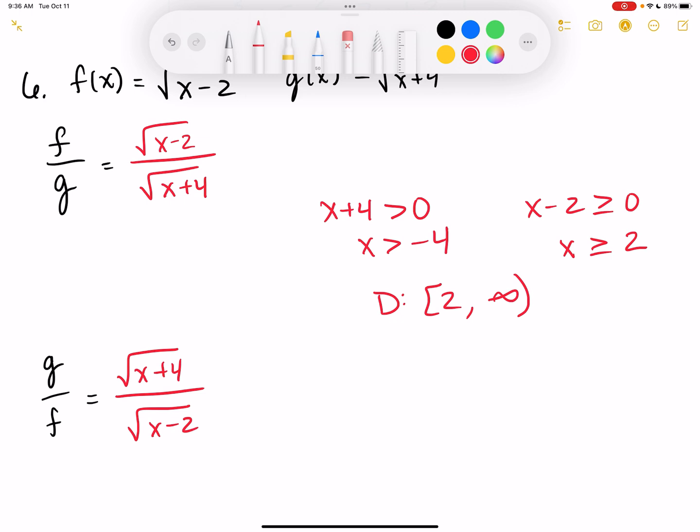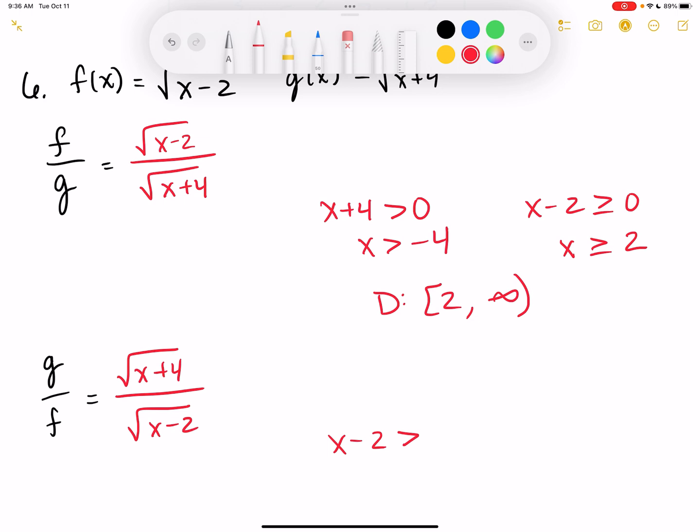Okay, so what do I need to do for this one? I still need to find the domain, so how am I going to do that for this one? So the bottom, x minus 2, has to be greater than or equal to. Can the bottom be just 0?